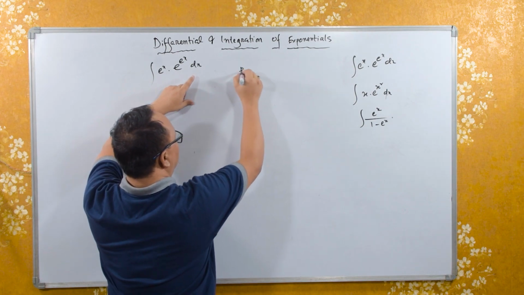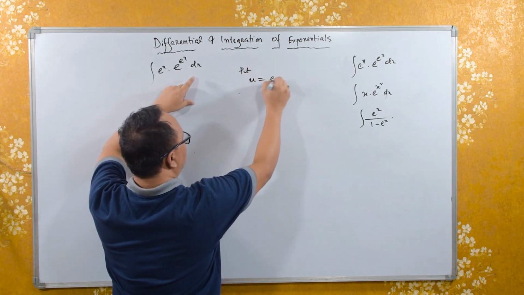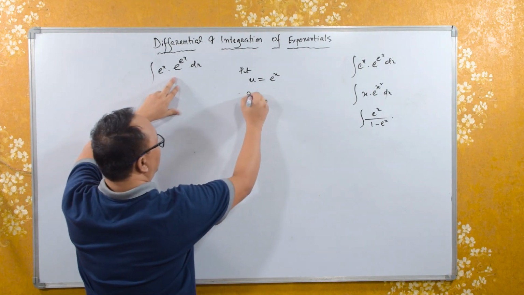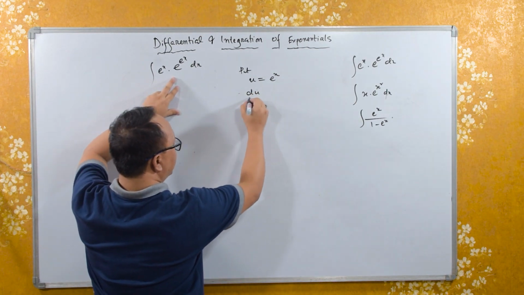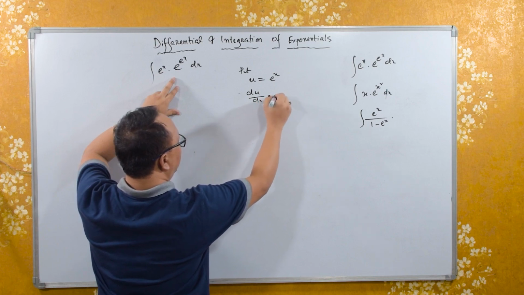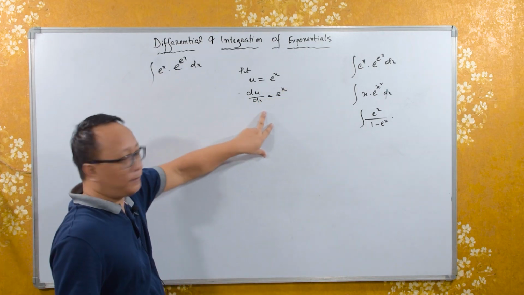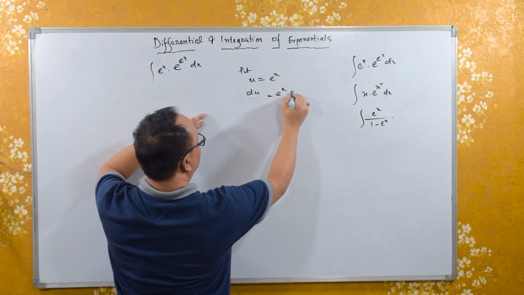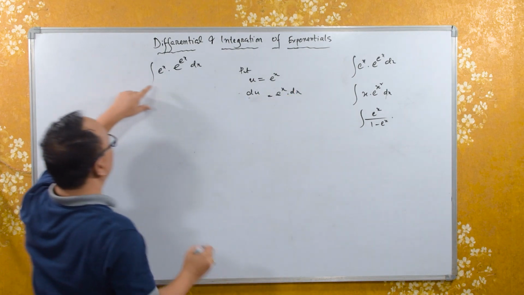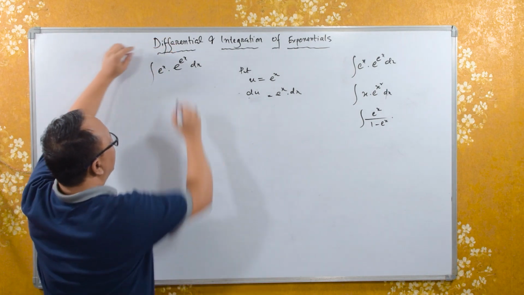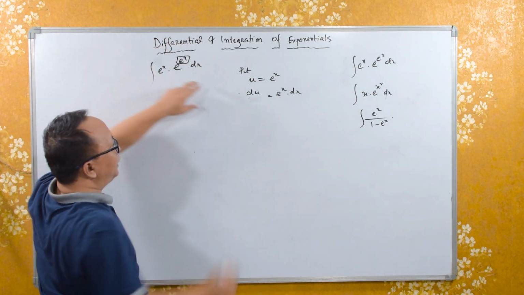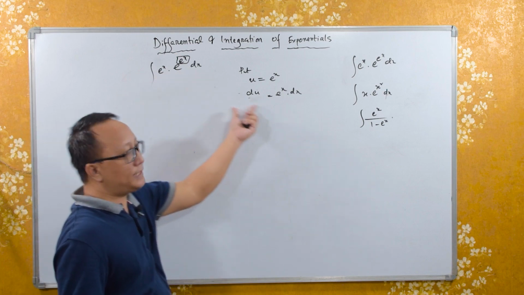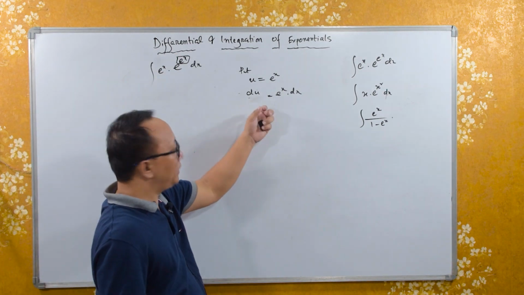If u is equal to e raised to x, then du upon dx will be e raised to x. Now dx I can send that side, this becomes du. Now if I put this term as u, then I am getting e raised to x into dx as du. So it has meaning.